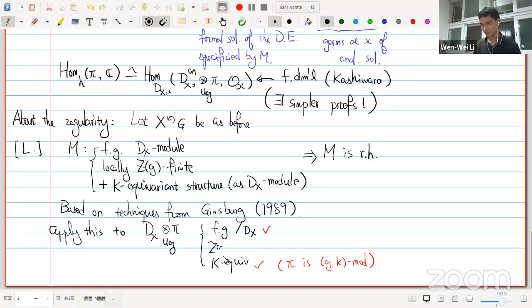And the remaining one, local GG finiteness, is more tricky somehow. It suffices that it is generated by a GG stable finite dimensional space.